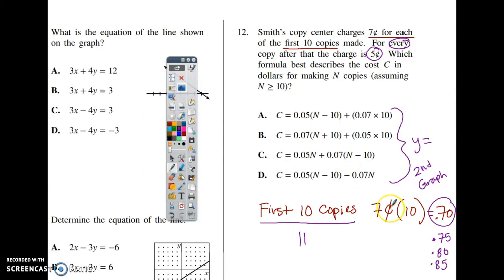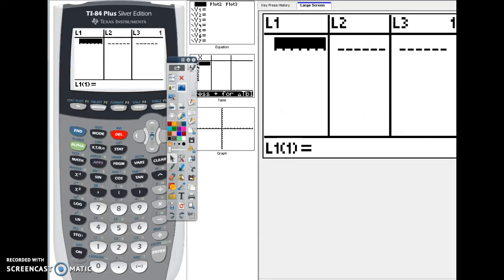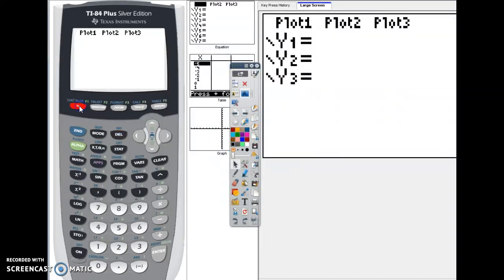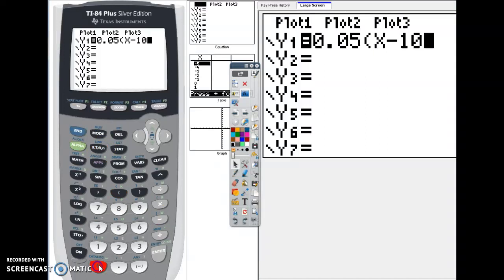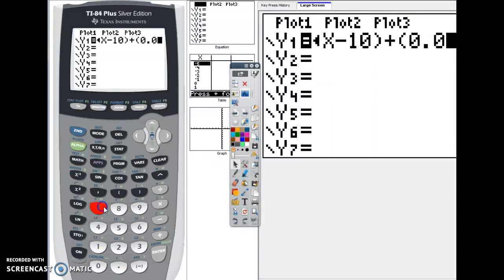Got it? So we're going to put these in y equals trace, and we're going to see which one says this on the table. So everybody on the calculator right now, let's put in letter A. Y equals. Letter A says 0.05 parentheses, x minus 10, close parentheses, plus parentheses, 0.07 times 10, close the parentheses. Second trace.